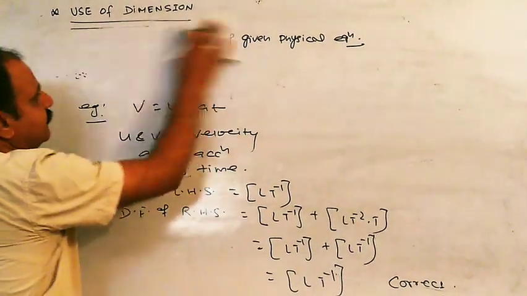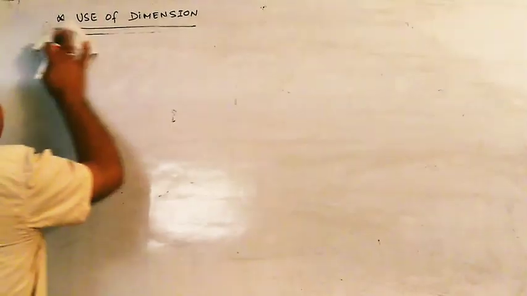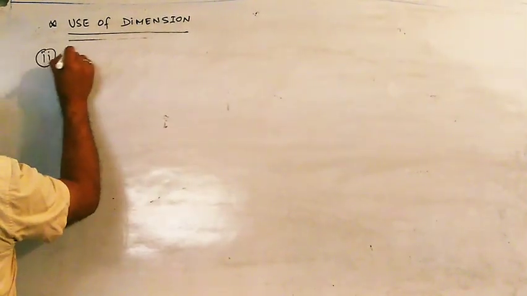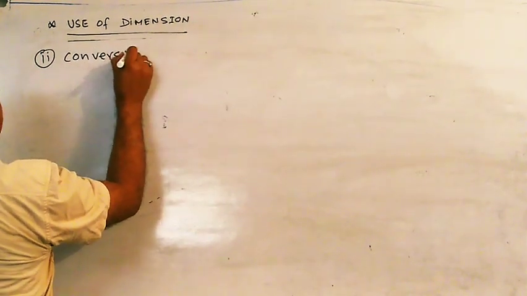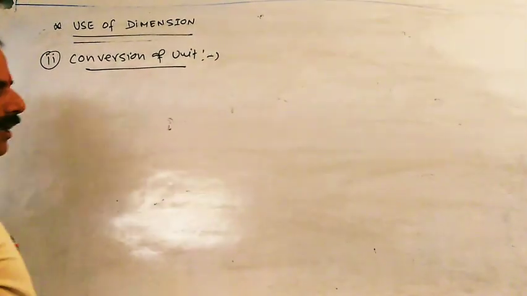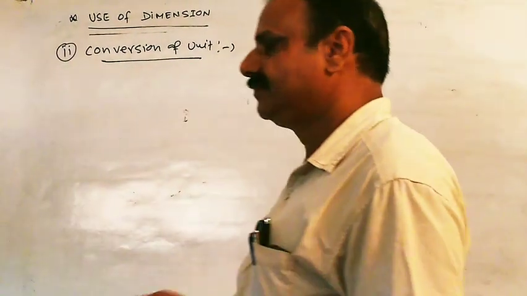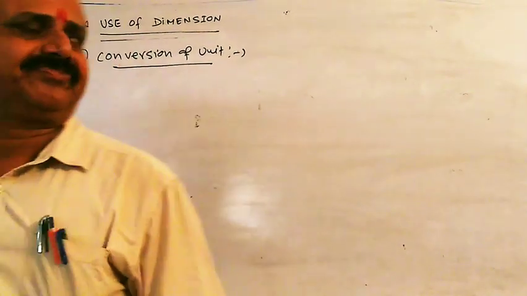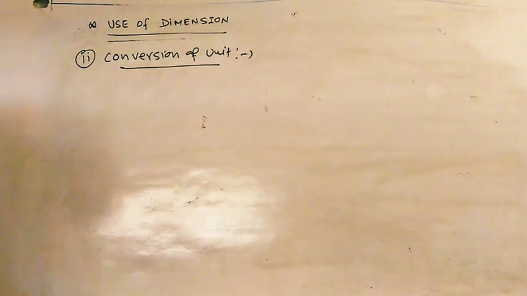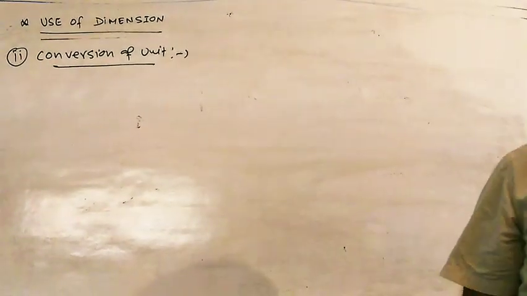The second is to convert the unit of physical quantity from one system to another system. That is conversion of unit. According to principle of conversion, if we convert a physical quantity from one system to another, only their numerical value changes, not the actual quantity.